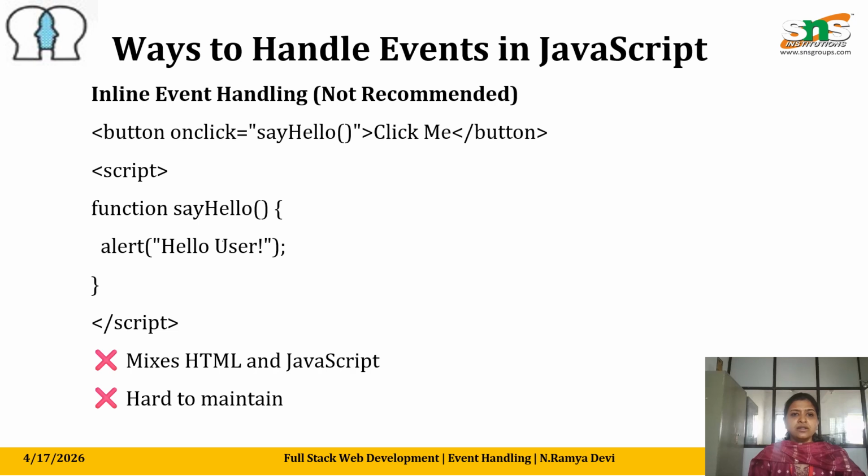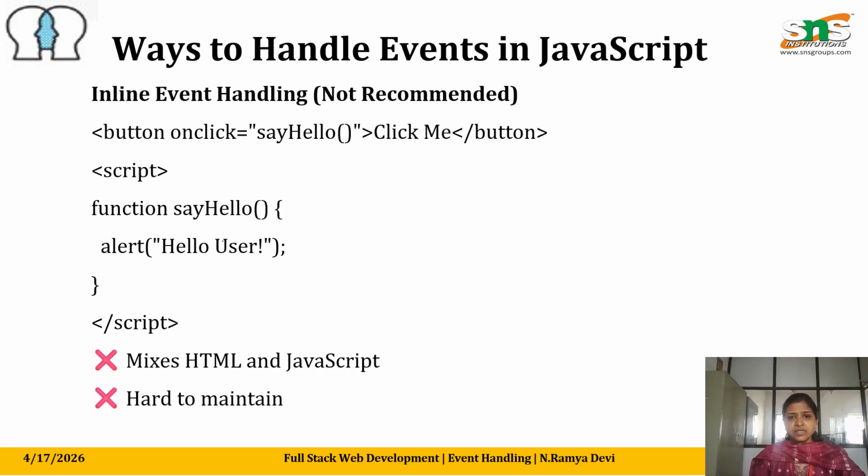For example, this is an example of inline event handling. If a button is clicked, say the button is named click me, and if I click that, it will call the say hello function, and then it will alert the user with hello user.